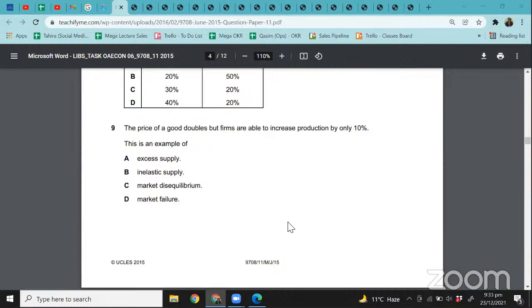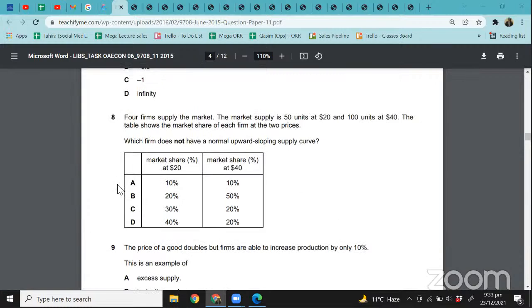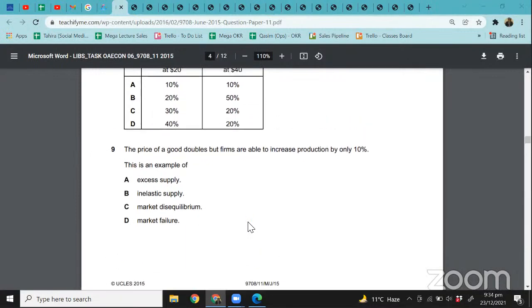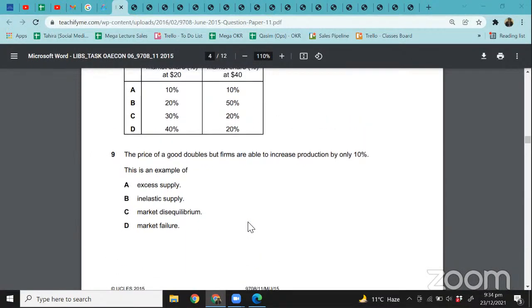What is this an example of? This should be simple. So when price doubles, what happens?